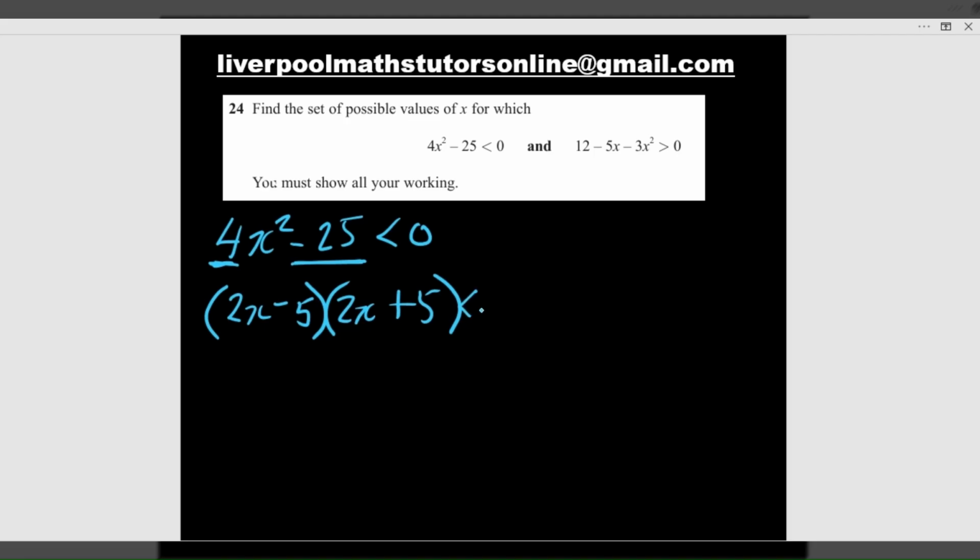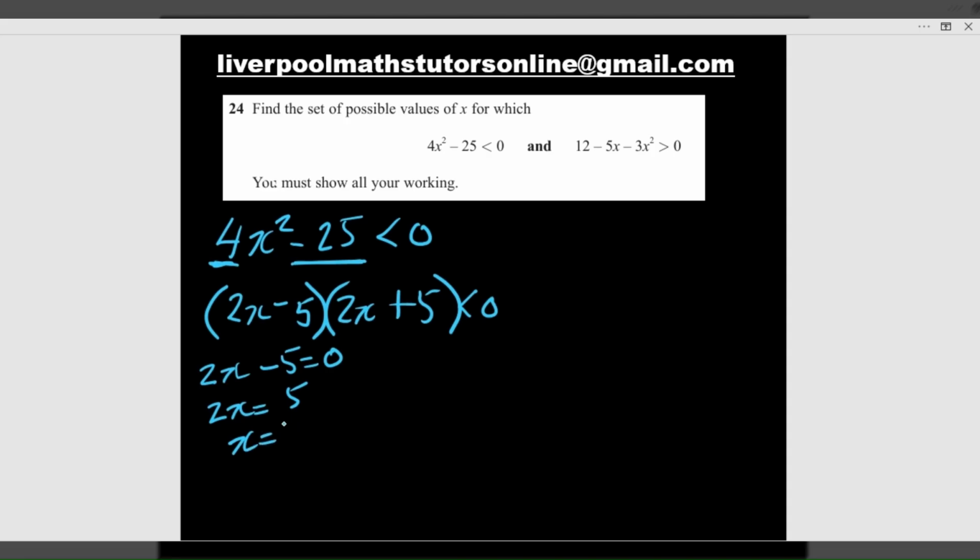All smaller than 0. Right, now if I make each bracket equal to 0 to solve for the x, so either 2x minus 5 is equal to 0. So 2x is equal to, so add 5 to both sides, and then divide by 2.